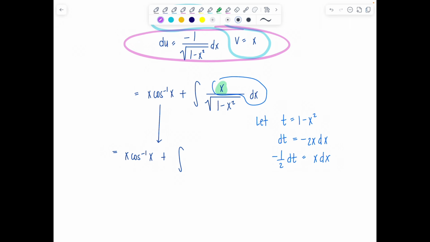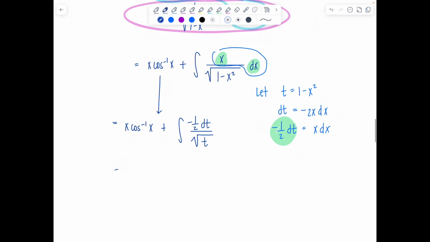So this x dx gets replaced with negative 1/2 dt, and then you have over the square root of 1 minus x squared. That was what we called t. Okay? Good. Now just clean it up so we can integrate. So x cosine inverse of x, let me put minus 1/2 the integral of t to the negative 1/2 dt.